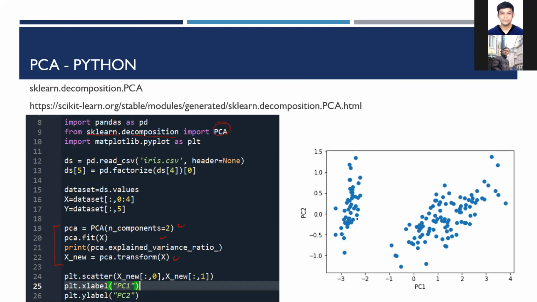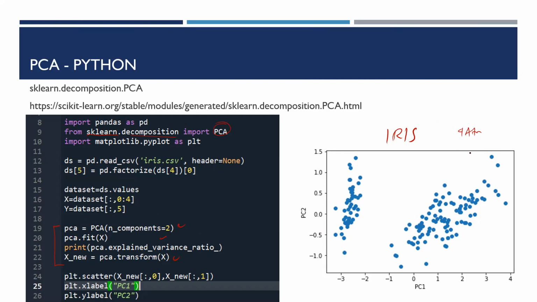So here I use PCA, for example, on the iris dataset. Okay, so this is the dataset. We know that iris actually has 4 attributes, but I use the PCA to reduce the dimensionality from 4 to only 2 dimensions.